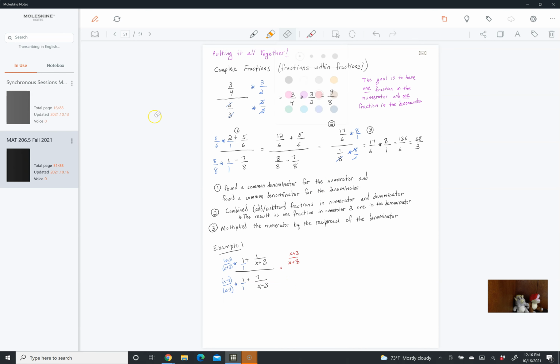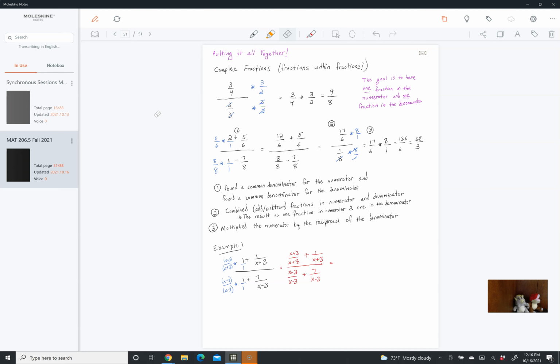And I do that just so that when you see the notes, you can follow along clearly as to what's an example and what's the work. So this is over x minus 3 over x minus 3 plus 7 over x minus 3.